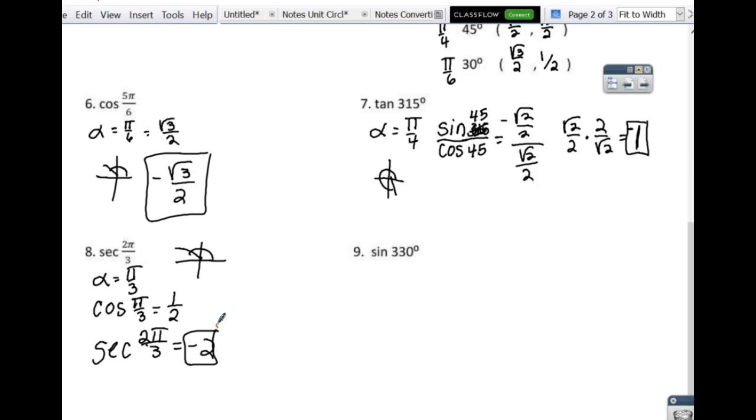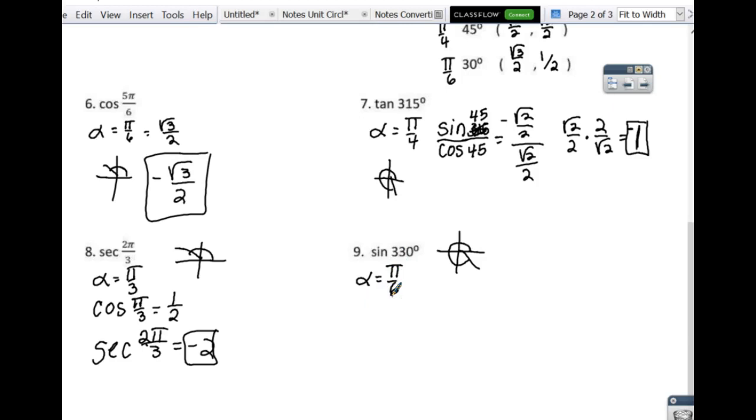The sine of 330. First of all, I know 330 is over here. If it's 330, my reference angle is 30 degrees. And 30 degrees would be pi over 6. So my reference angle is pi over 6.